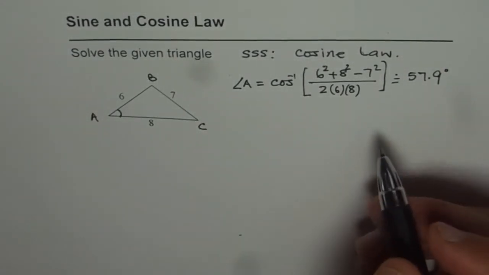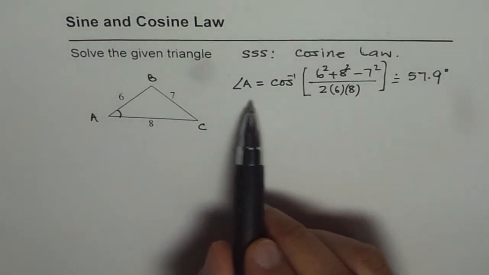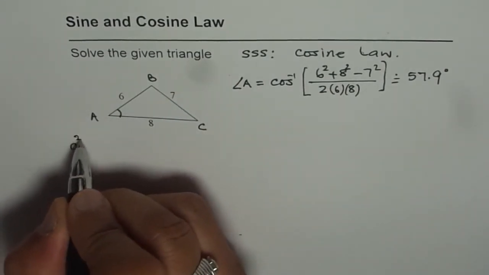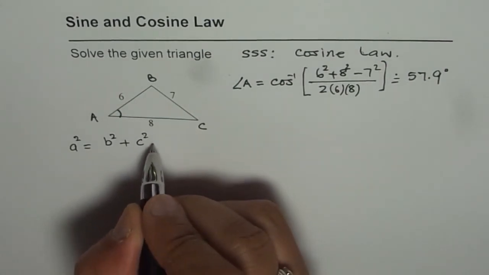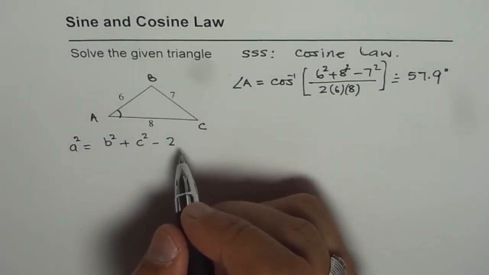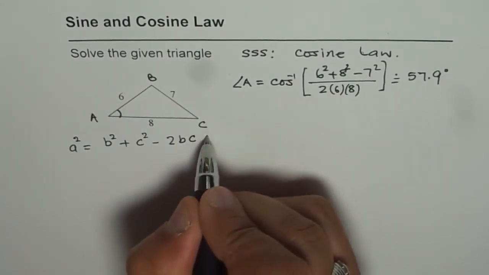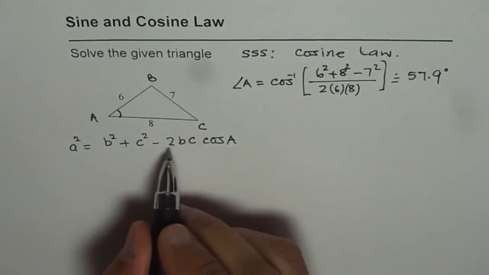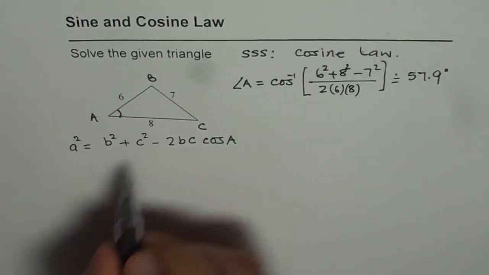Well, let me write down the formula first and show you how we got this formula. So in general, we write the formula like a square equals to b square plus c square minus 2bc cos A. Now you can rearrange this, right? You bring this term to the left side and a square to the right side.